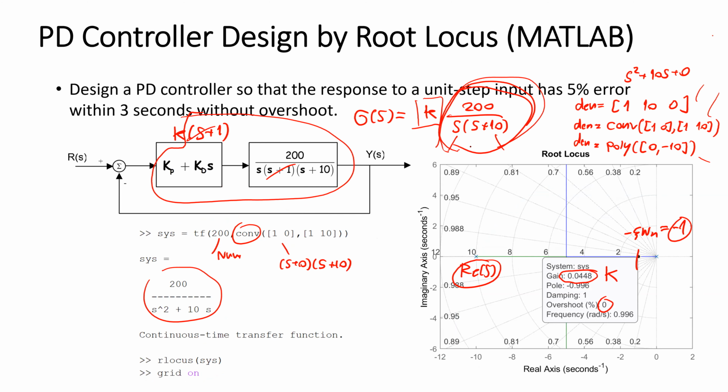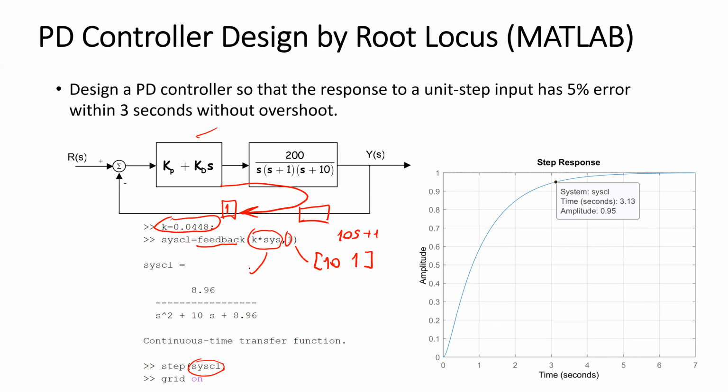Sys is this one. And this is the feed forward. And here is the sensor or the feedback. And I use the command named feedback to compose the closed loop transfer function.